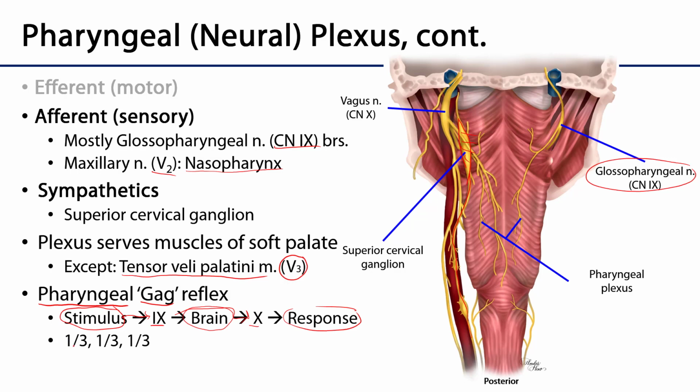And so if you touch the wrong thing, the interesting thing to note is that about 1/3 of people have no gag reflex. Another third of people have what's known as the gag reflex that we would consider normal. And then another 1/3 of people have what's known as the hypergag reflex.